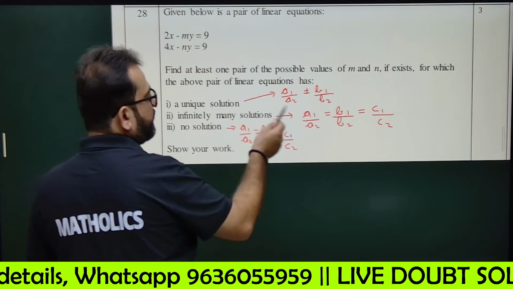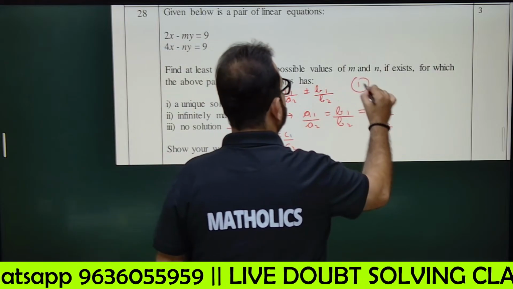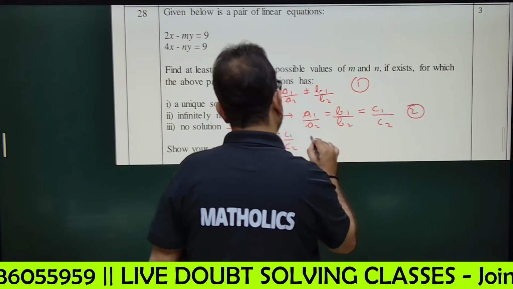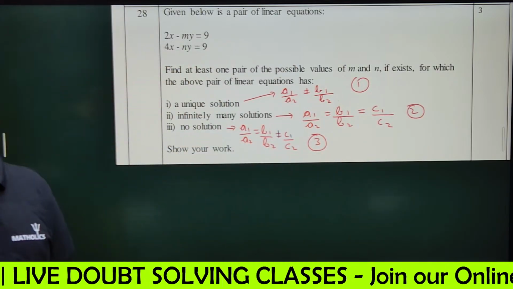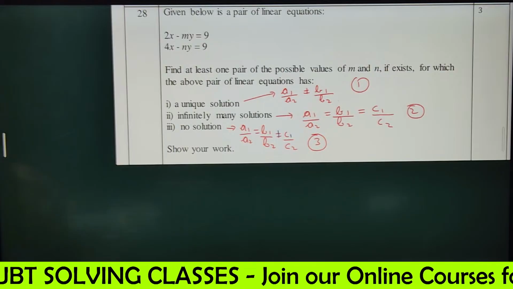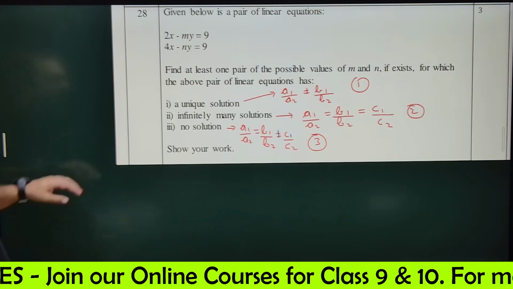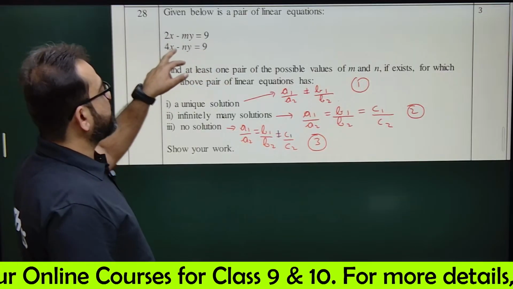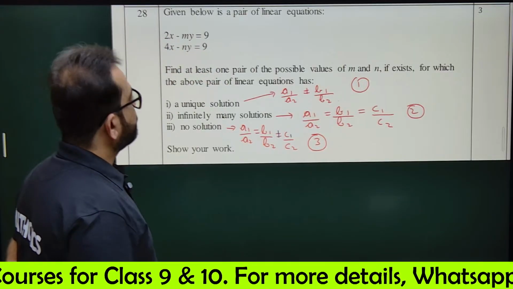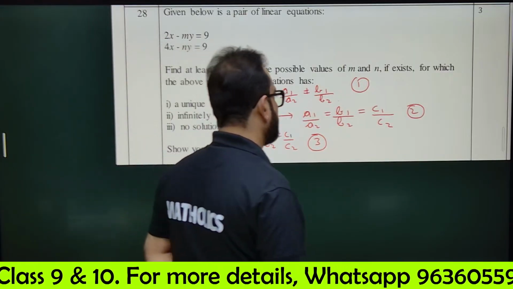So these are the three conditions. You must remember in order to solve this question. Now, what the question says? See, 2x minus my equal to 9 and 4x minus ny equal to 9.